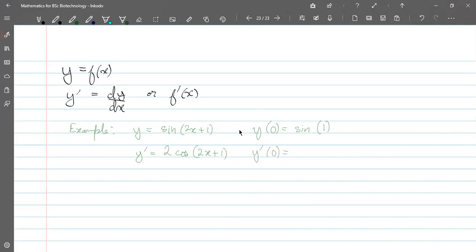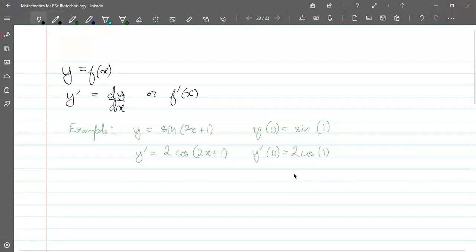In that case, you put x equal to 0 and you get 2 cos 1, right? So we can ask for the value of the derivative at any point.